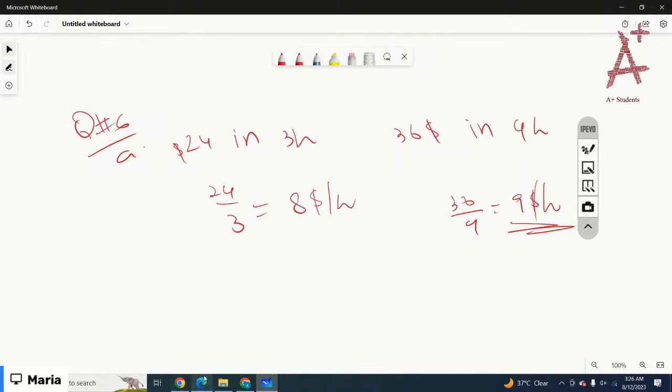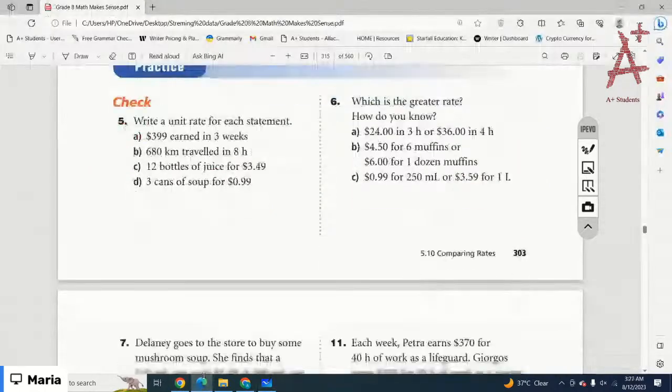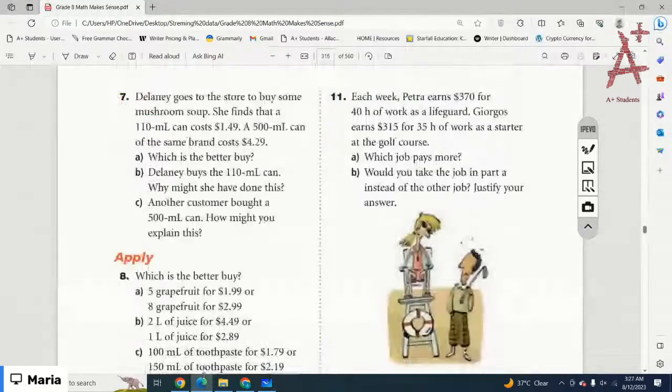Okay, let's start with question number 7. Okay, Delaney goes to the store to buy some mushroom soup. She finds that a 110 ml can costs $1.49 and a 500 ml can of the same brand costs $4.29.